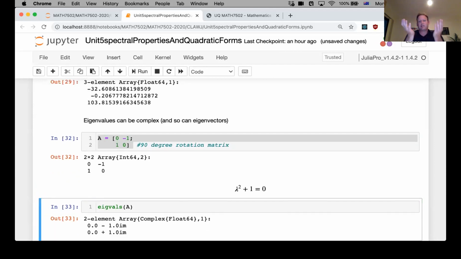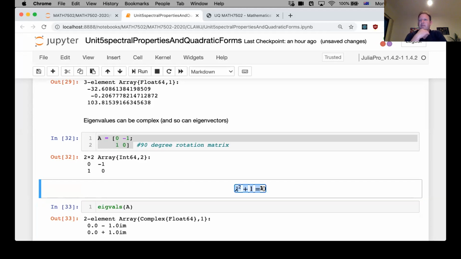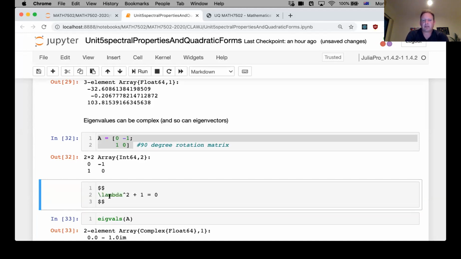It's a quadratic equation that starts 1 unit above the x-axis. There's no lambda that intersects the x-axis. There's no real solution, but you can have two imaginary solutions. What are the imaginary solutions to this equation? And of course, you can solve this using the quadratic formula as well. So if you want to write the equation differently, I'll put equals -1.